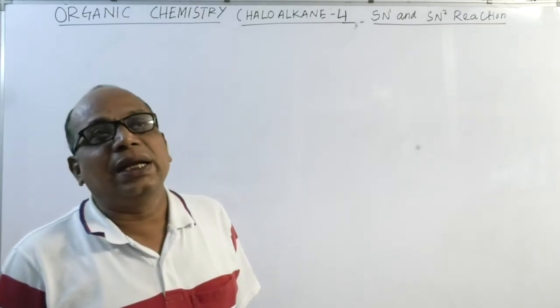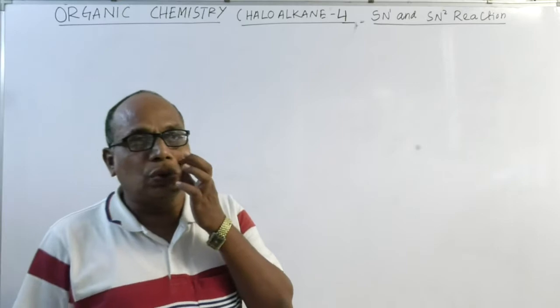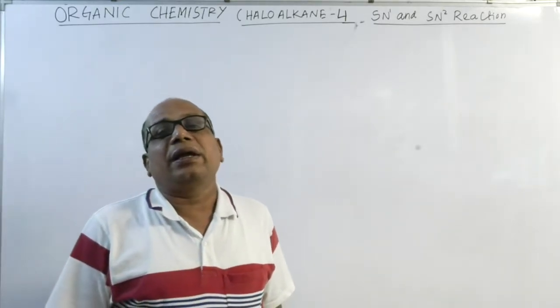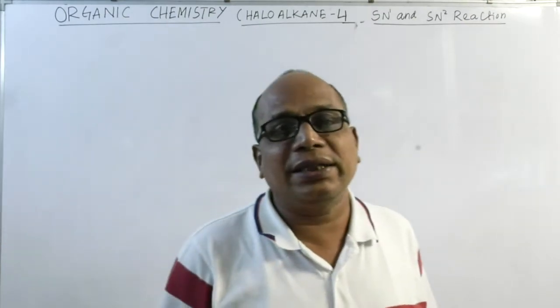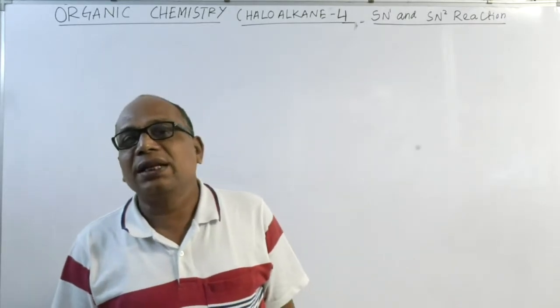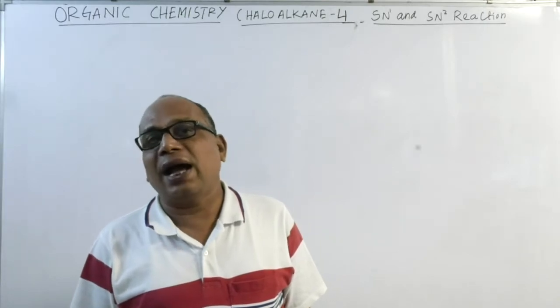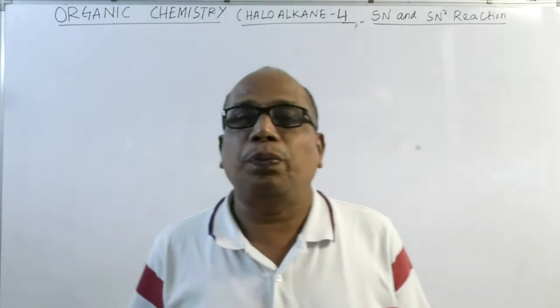Okay students, you know the alkyl halide always shows the nucleophilic substitution reaction. The nucleophilic substitution reaction means the halogen atom of the alkyl halide gets substituted by a stronger nucleophile. That nucleophile is known as the entering group, whereas the halogen atom from the alkyl halide is known as the leaving group.